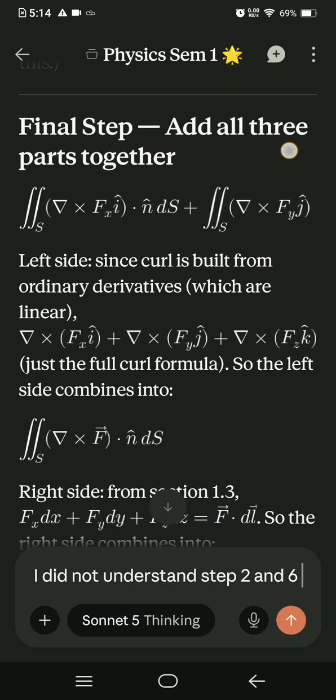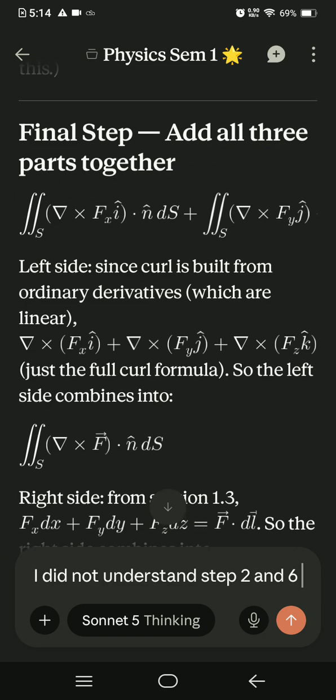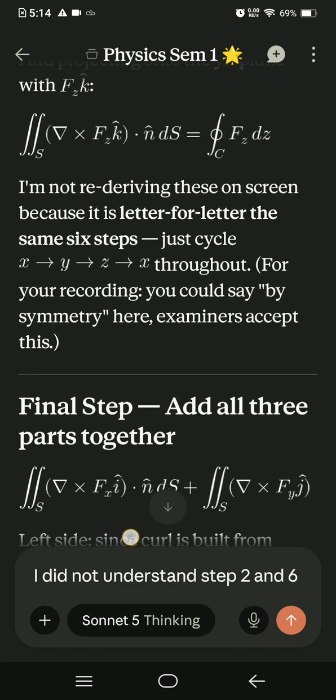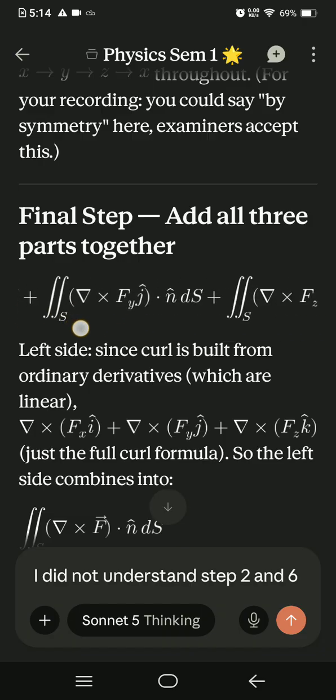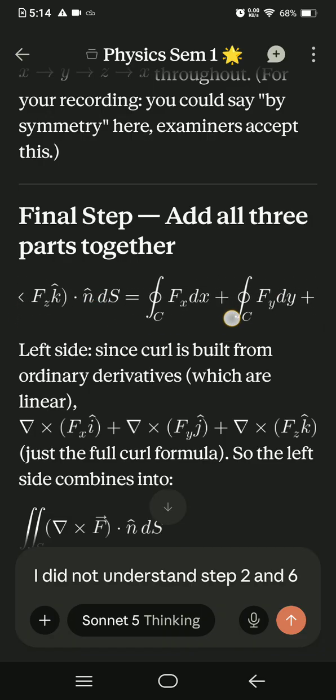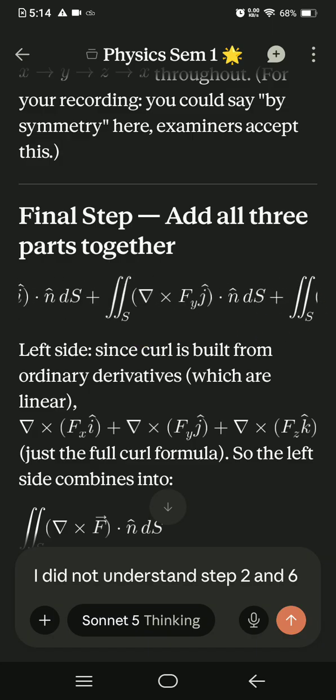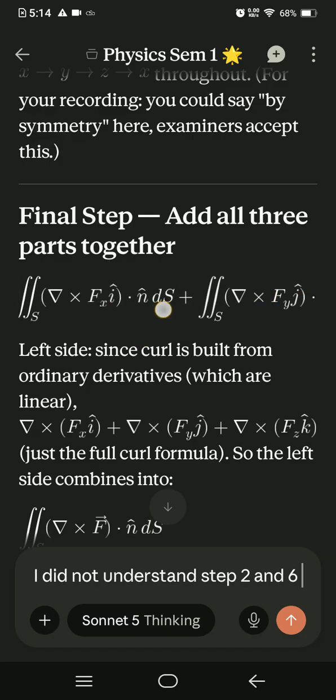So the final step is to add all these three parts together. We are going to add both LHS and RHS for all three equations, for x, y, and z.